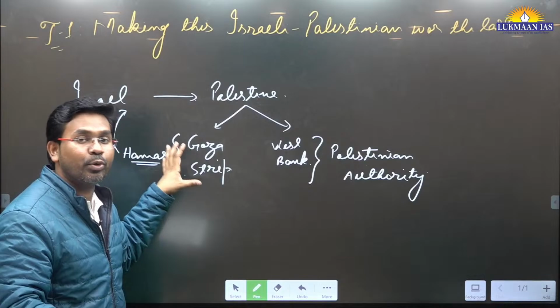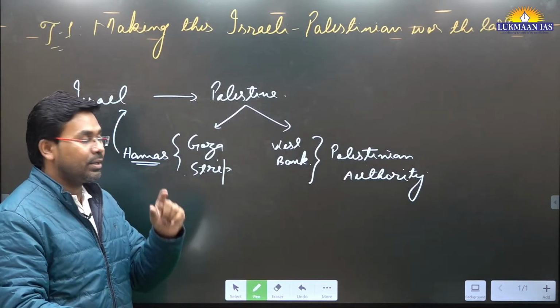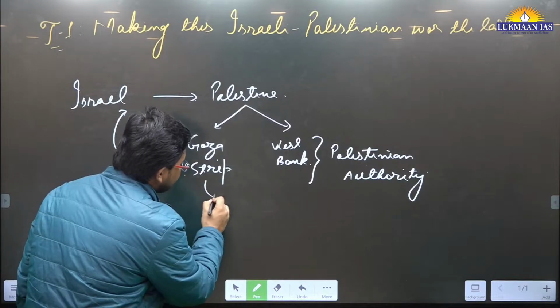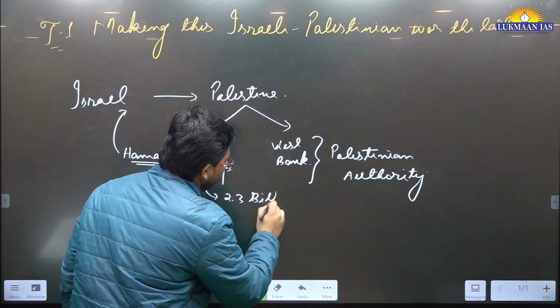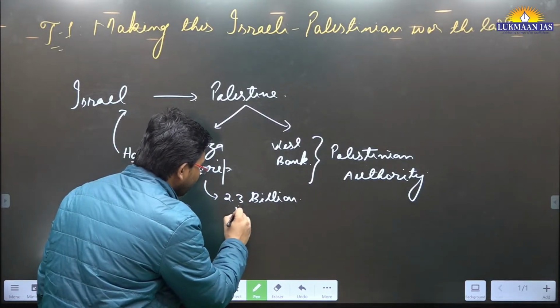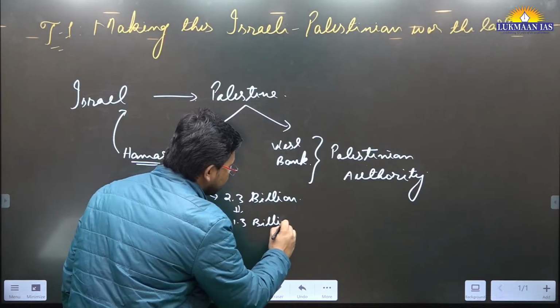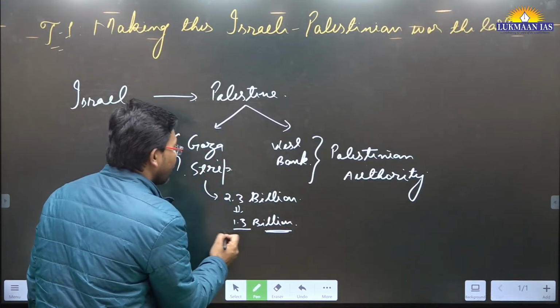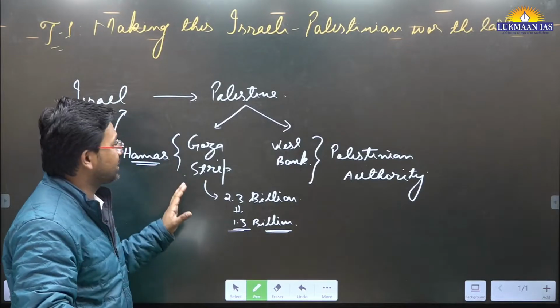It has killed more than 15,000 civilians in the Gaza Strip. And the total population in the Gaza Strip is about 2.3 billion. 1 billion is equal to 10 lakh. Out of them, 1.3 billion people from northern Gaza Strip have already been displaced.